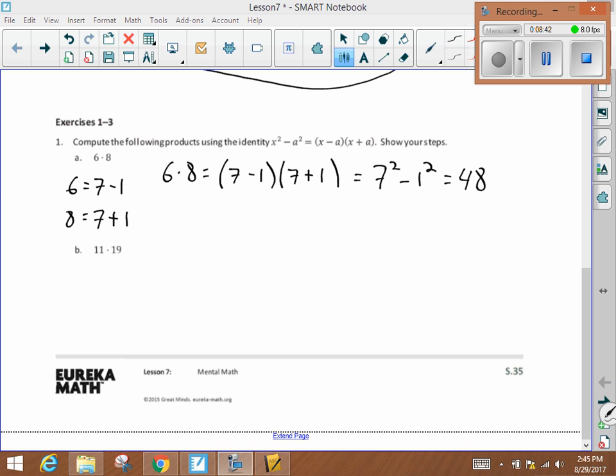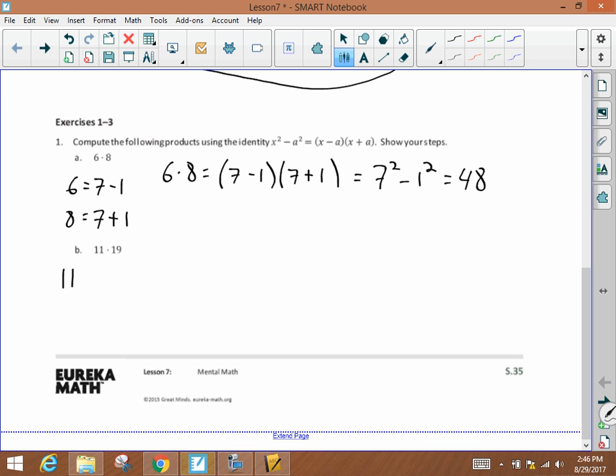All right, so 15. So then that means that I could say that 11 is the same thing as 15 minus 4, and I could say that 19 is the same thing as 15 plus 4.